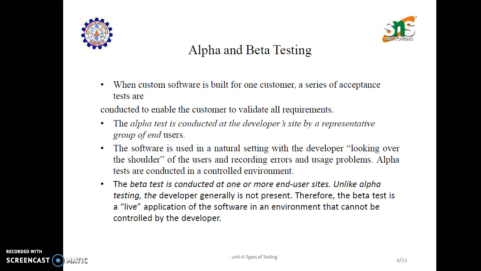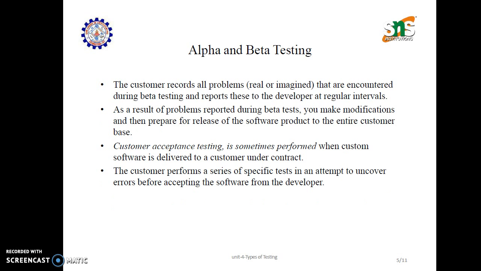Beta testing is a live application, so the developer cannot control it, but we can check the errors. As a result of problems found during beta test, we make modifications and prepare for the release of the software product to the entire customer base. In beta, we can make the changes and develop the next new product.